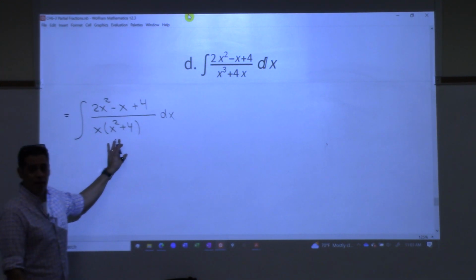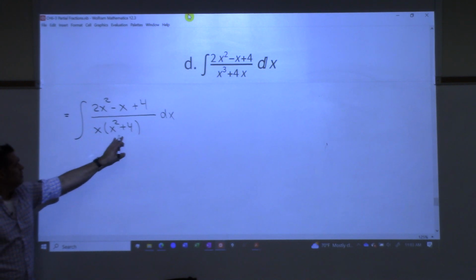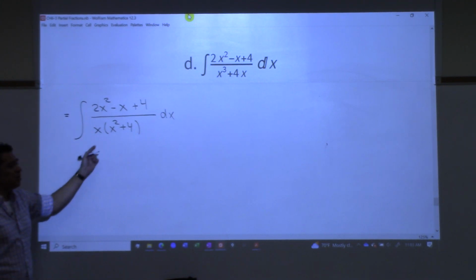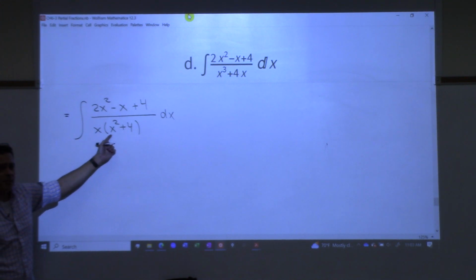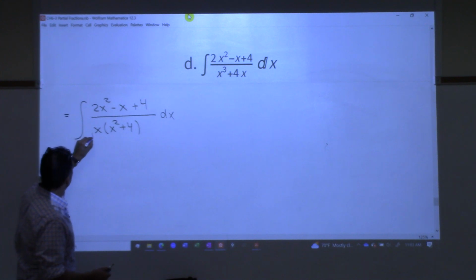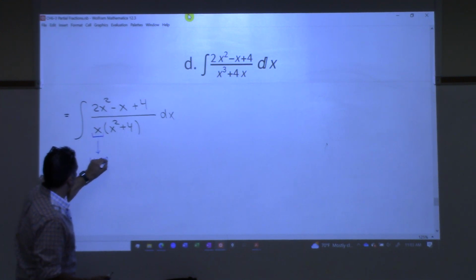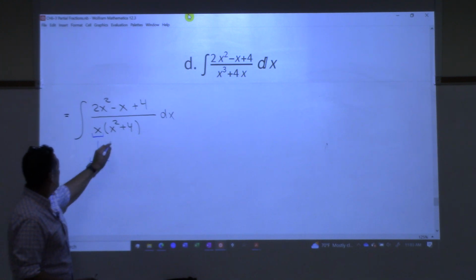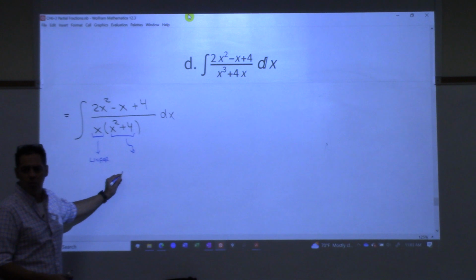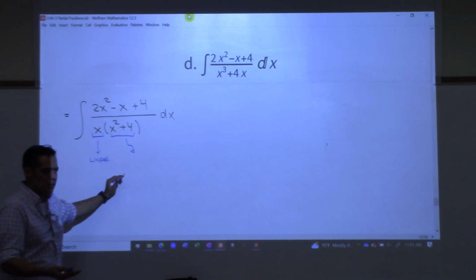All right, so we're here. This doesn't factor anymore. So now if we're going to do partial fraction decomposition, we have to identify what these factors in the denominator are. The first factor, x, is linear. And the other factor, x squared plus 4, is an irreducible quadratic, or in other words, a non-factorable quadratic.